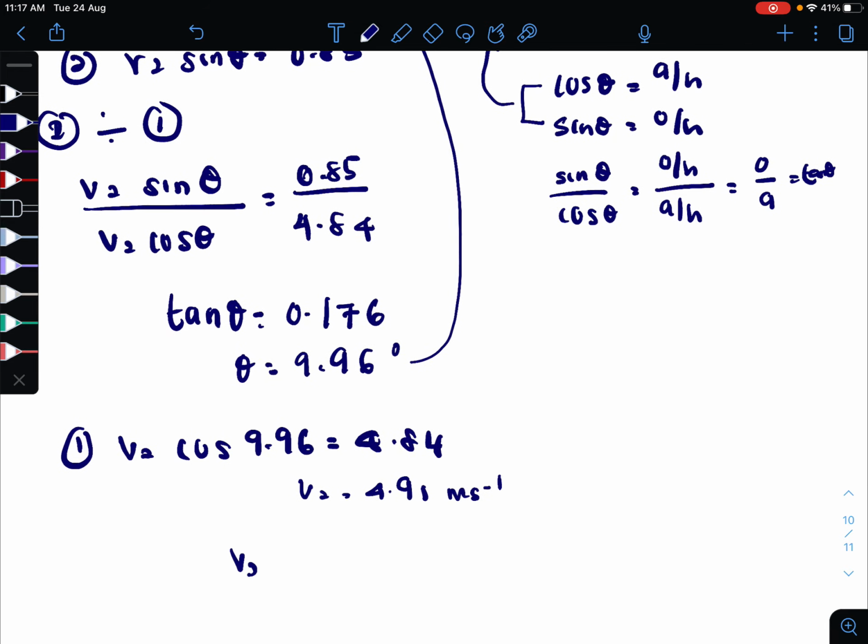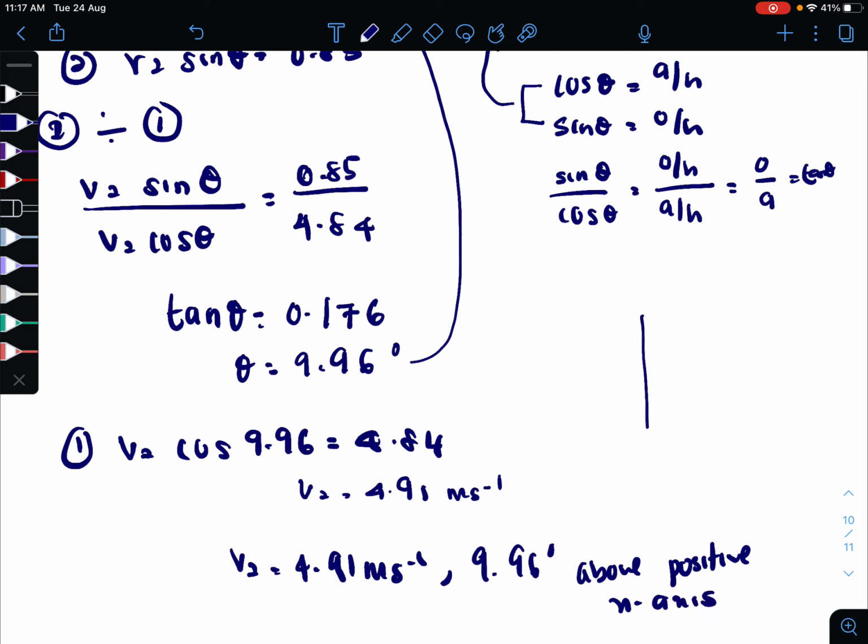So V2 adalah 4.91 ms negatif 1, theta kita adalah 9.96 degree above positive x axis. Maksudnya dia bergerak di sini. Ini theta kita. Ini V2 kita. This is where your soccer ball is located in the first quadrant.